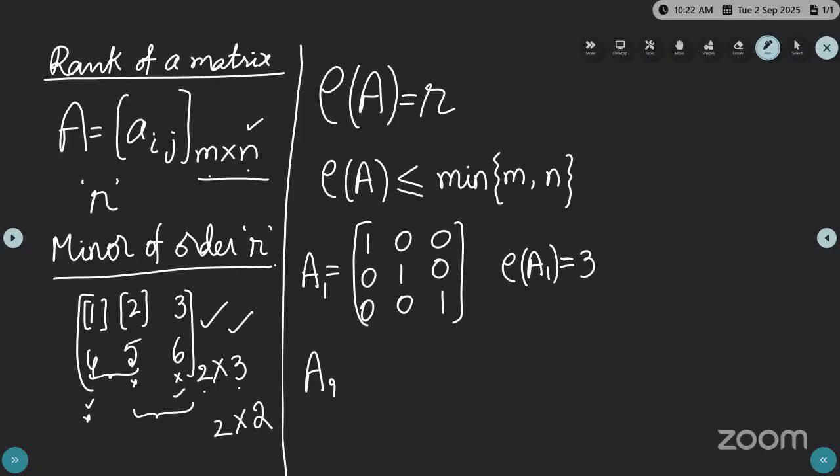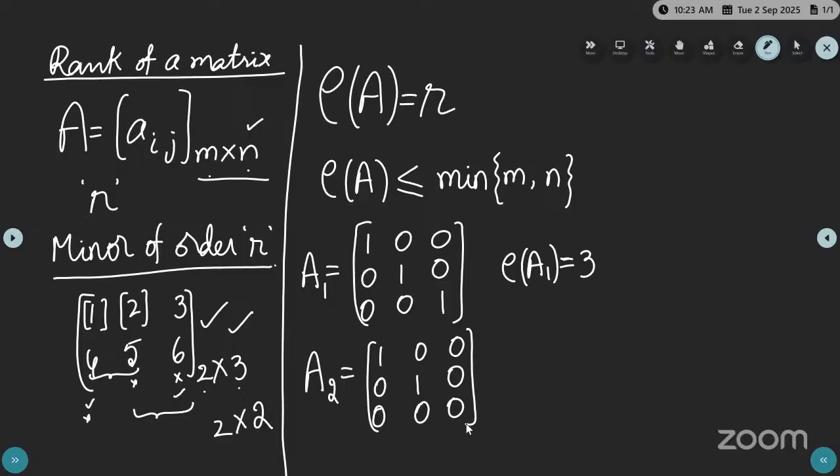if I am writing A2 as 1 0 0, 0 1 0, 0 0 0, what is the rank of it? Amma, it is having a submatrix of order 3 by 3, but its determinant is 0. Okay, there exists only one minor of order 3, which is equal to 0.